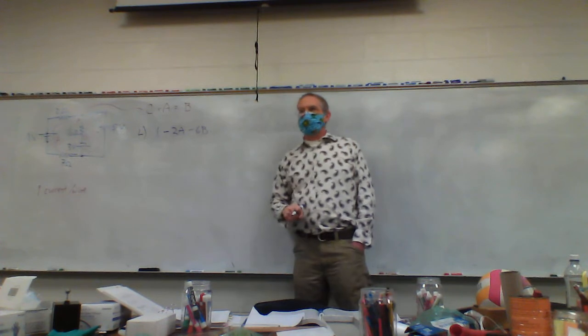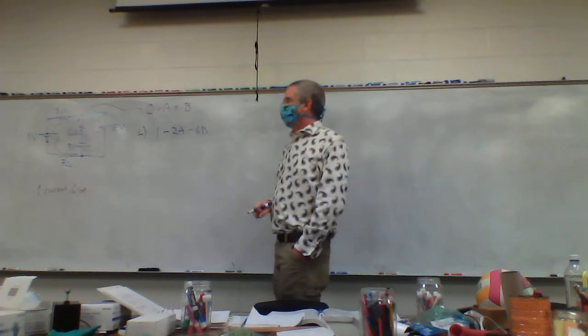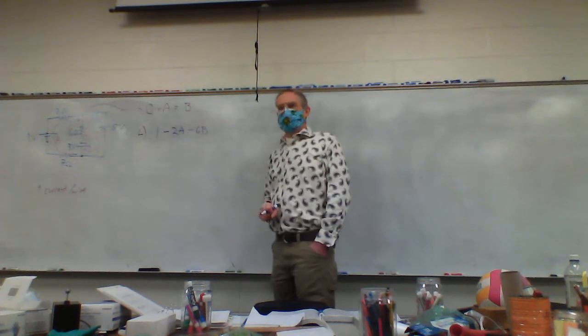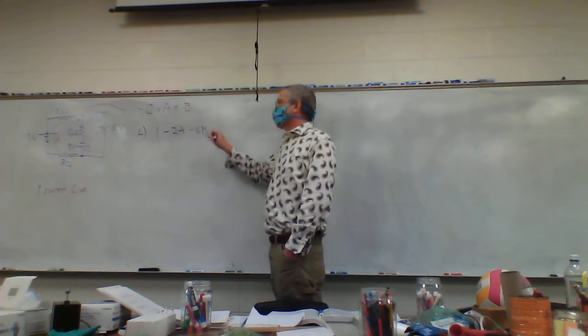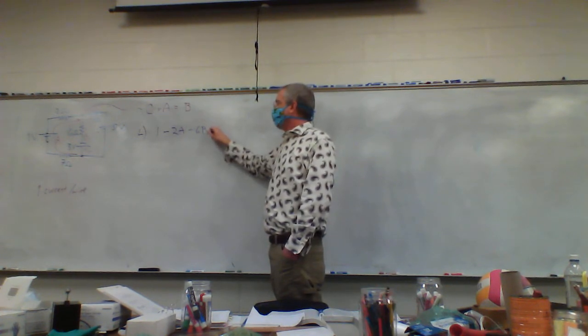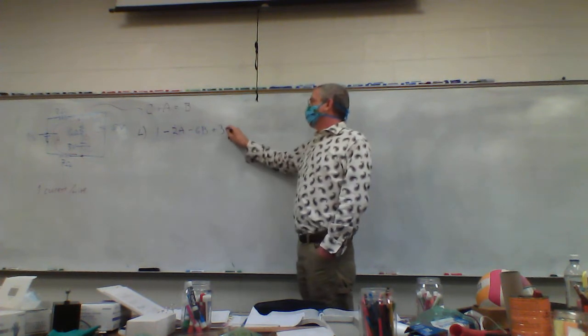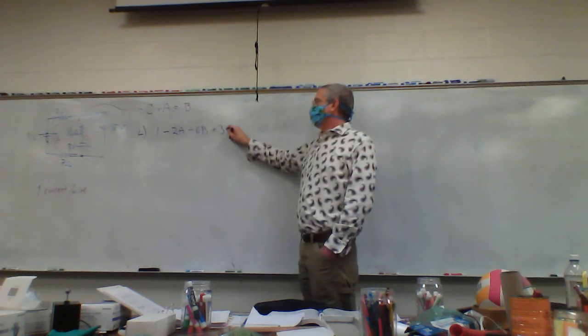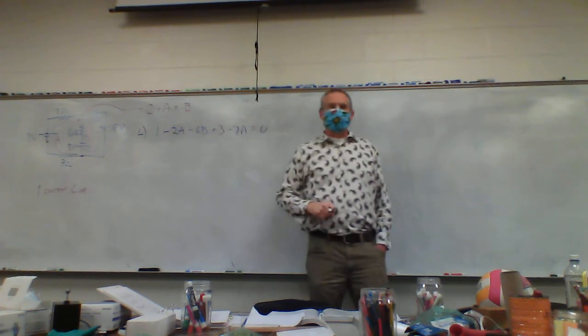What's my next term? Ooh, you skipped one. Minus 6A. You skipped plus 3. Oh, right, yeah, plus or minus 3. All right, then we head around to the bottom. Equals 0, because I'm back to where I started.